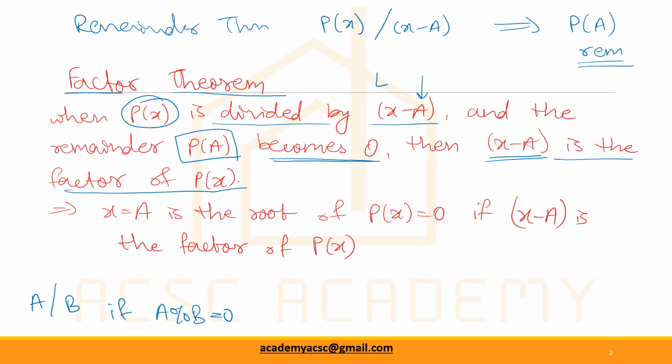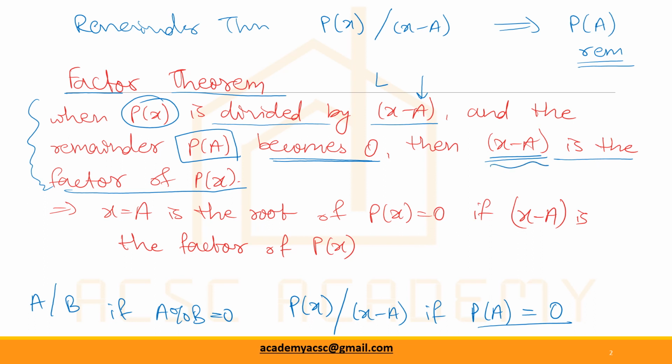The same thing is put over here in terms of polynomials: we can say that a polynomial p of x is perfectly divisible by x minus a if the remainder, which is given by p of a, is 0. So if the remainder is 0, then we say that it is perfectly divisible, or x minus a is a factor of p of x.